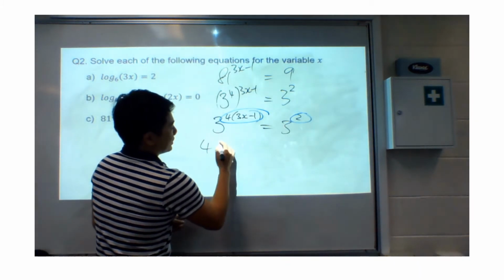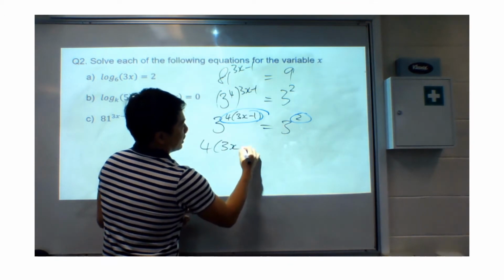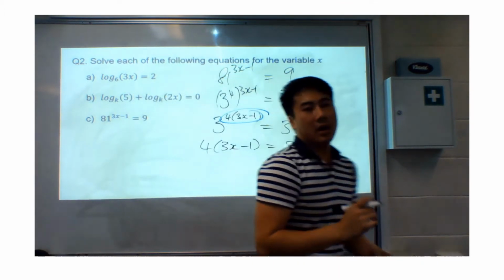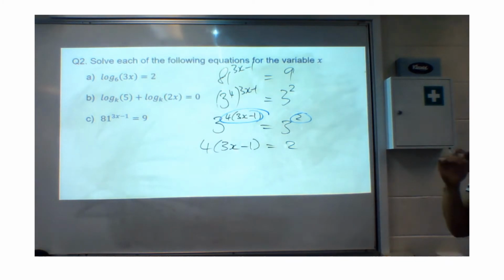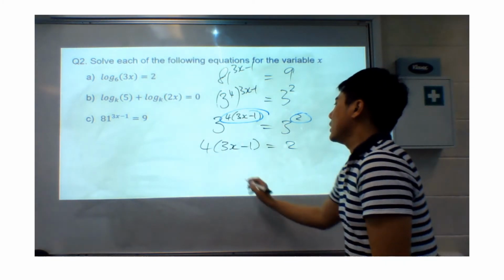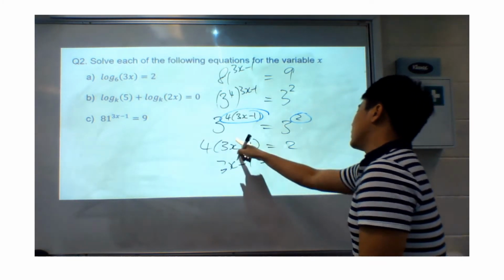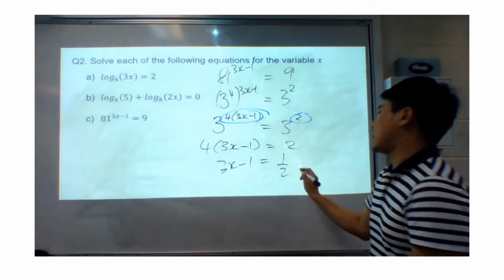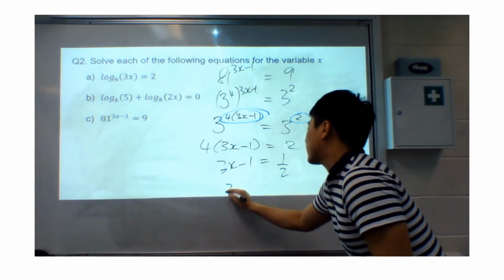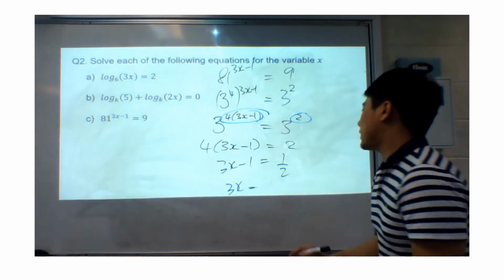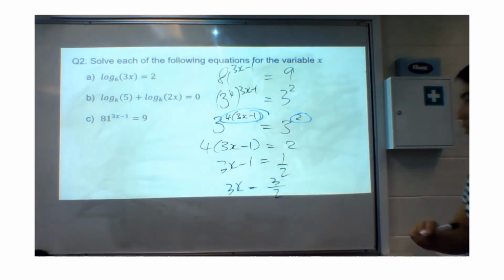I can just equate the powers together. So it will just be simple solving this equation. So 3x take 1 equals to 2 divided by 4 becomes a half. Right, 3x equals to a half plus 1, so it becomes 3 over 2.